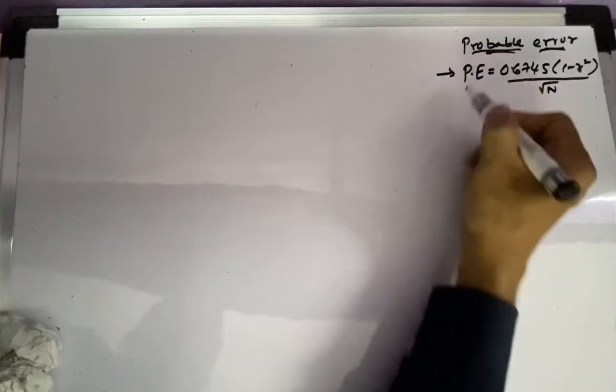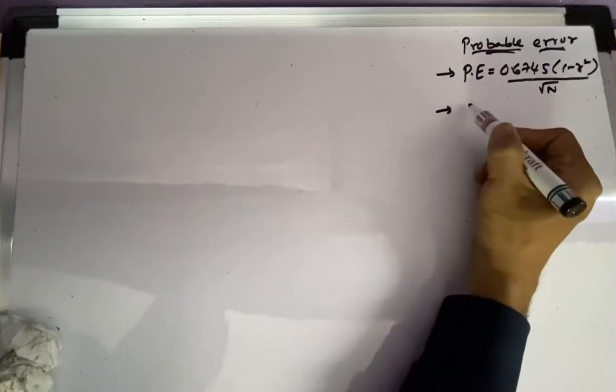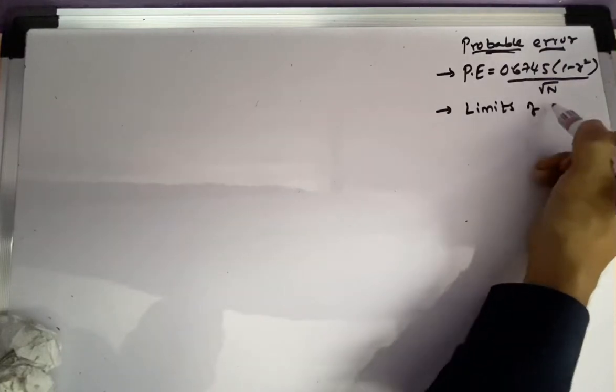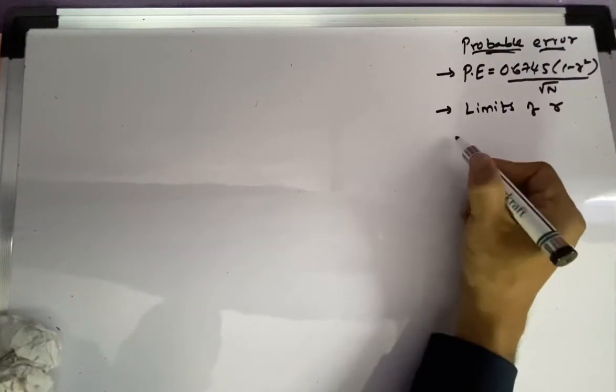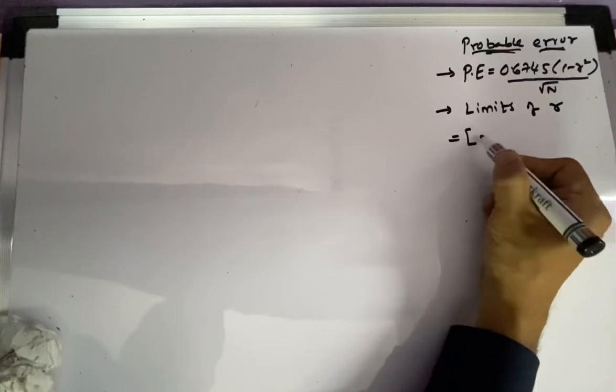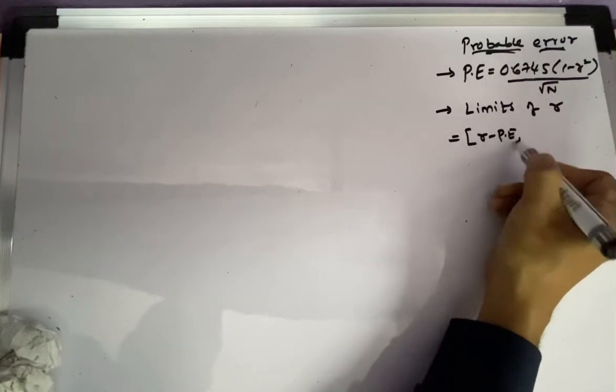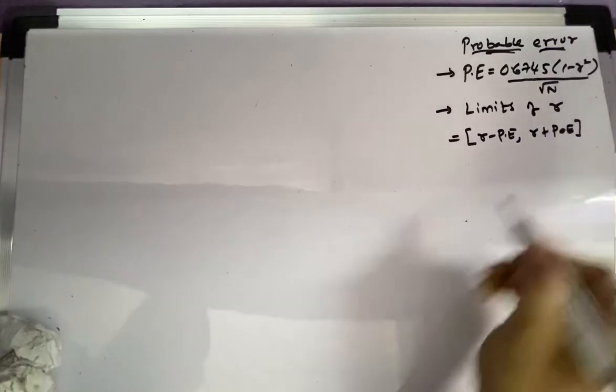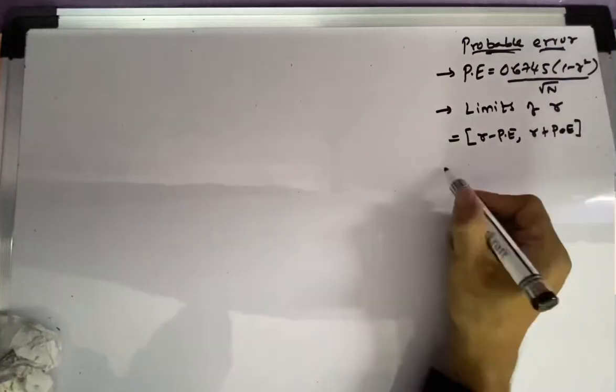First formula. Then the second one, limits of r. Limits of r equals r minus probable error, comma, r plus probable error, under closed intervals, square brackets.